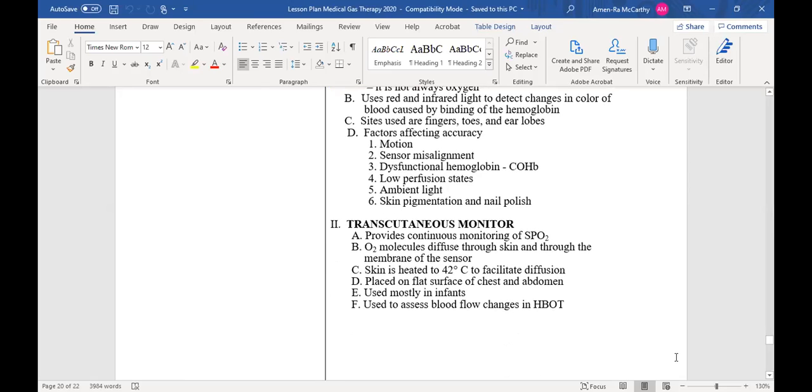The transcutaneous is a little sticker I can put on your skin to tell me the oxygen. It says provide continuous monitor of SpO2, transcutaneous, that means through the skin. O2 molecules diffuse through the skin and through the membrane of the sensor. The skin is heated to 42 degrees Celsius to facilitate that diffusion.